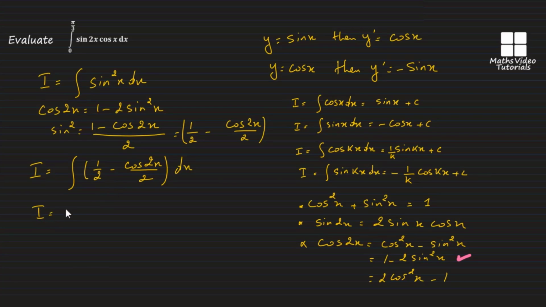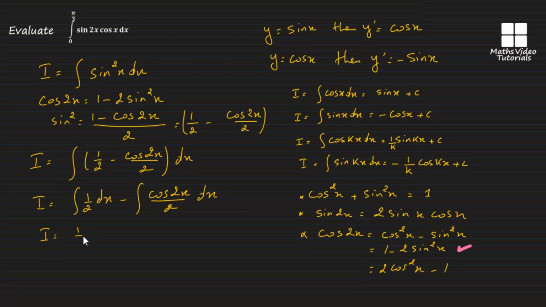So I equals a half integral dx minus, this is a half as well, a half of cos 2x, so I can take it outside, cos 2x dx.